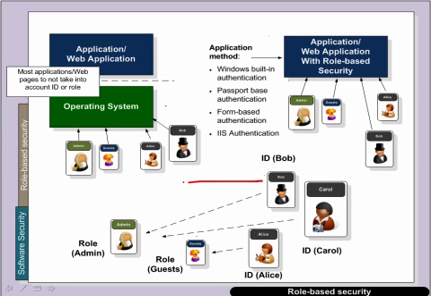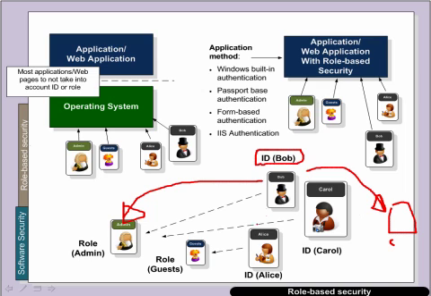In this case, Bob has an administrator role. He might also have another role, such as being part of engineering, and the rights that he gets depend on his role and not necessarily on his ID. And then we can have roles such as guests, which will have limited rights on the system.